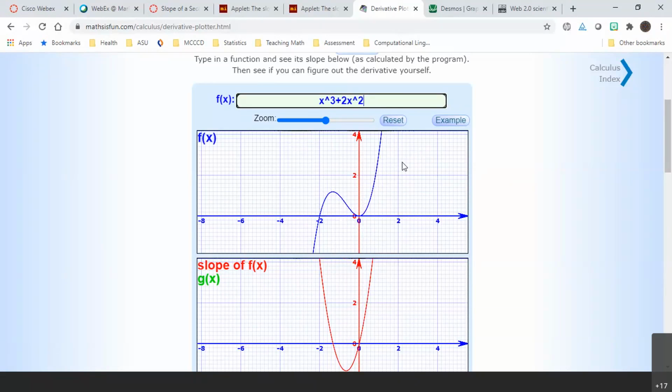The other thing I want you to notice is, see how the graph of the derivative looks like a quadratic. I have a cubic up here and what looks like a quadratic down there. It's like 1 degree less.